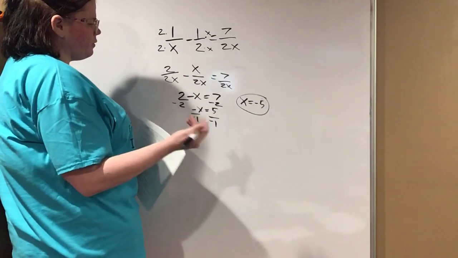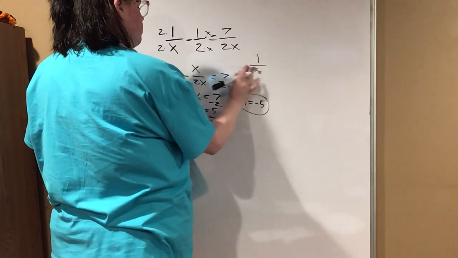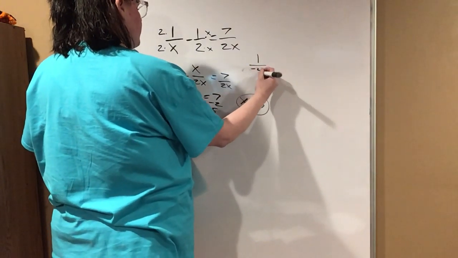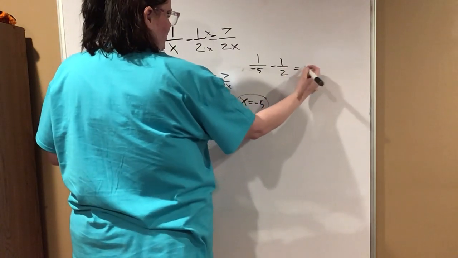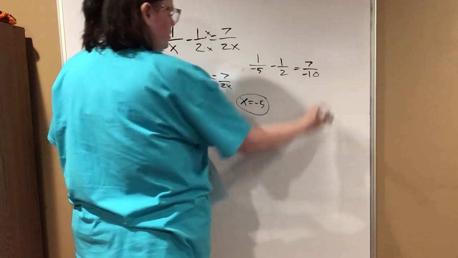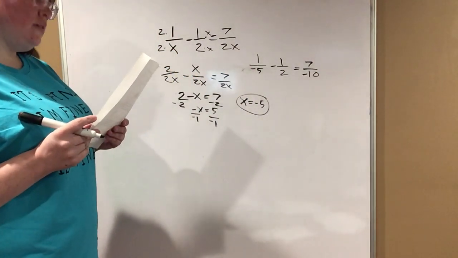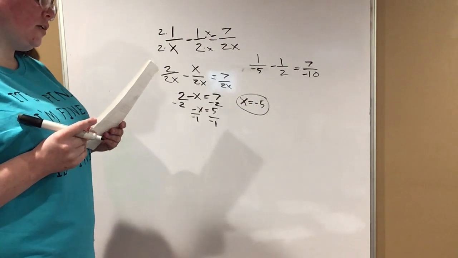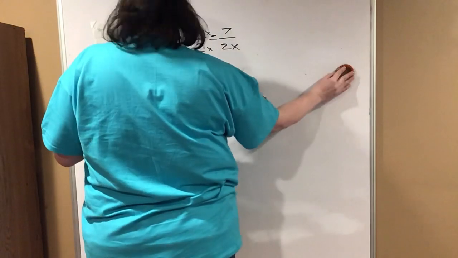So, now that we have that, we have 1 over negative 5, guys. Minus a half equals 7 over negative 10. Yeah, I don't know how that's going to work out, but yes, okay. Something like that. That one confused me in mine.